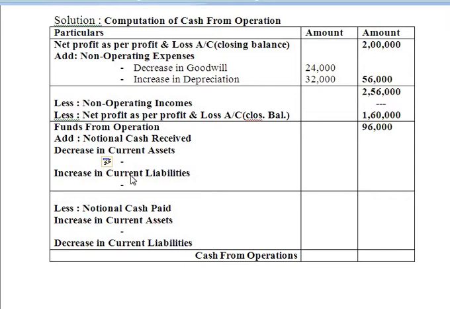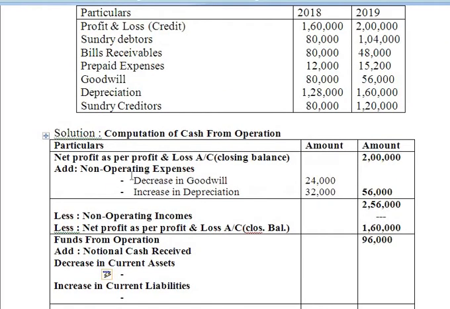Now check the current assets given in the problem. We have three current assets. First one is sundry debtors, and the amount of sundry debtors is 80,000 and 1,04,000, which means there is an increase in sundry debtors. Leave that. Then bills receivables: there is 80,000 in the year 2018 and 48,000 in the year 2019.